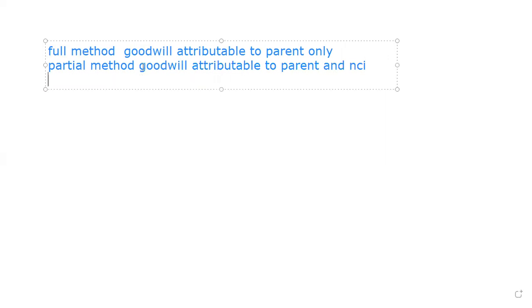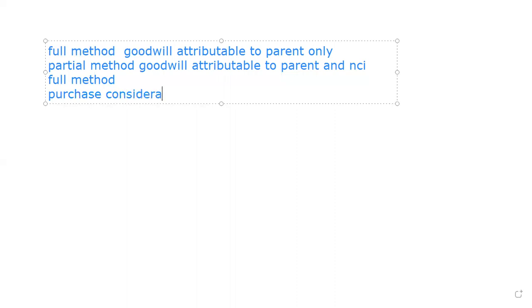Let's start with the first one, the full method. The first thing you will always start with is purchase consideration. We also call it cost of control.